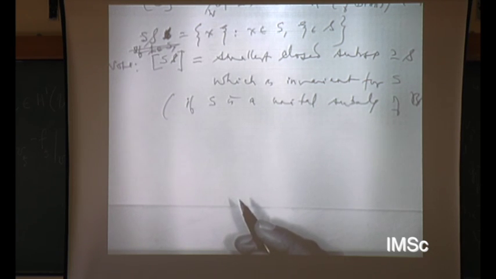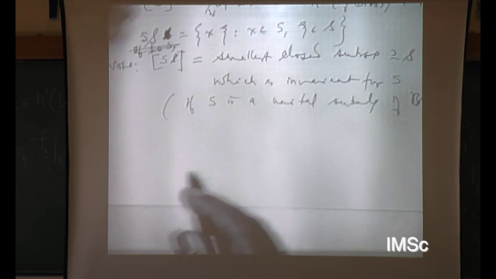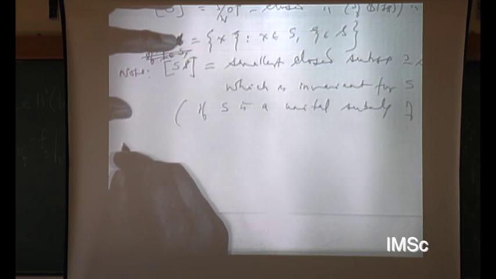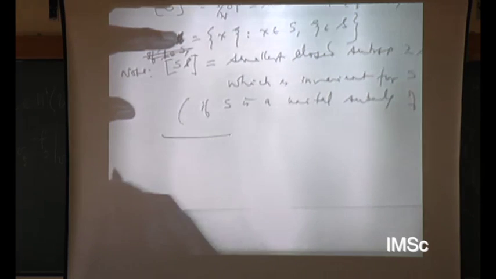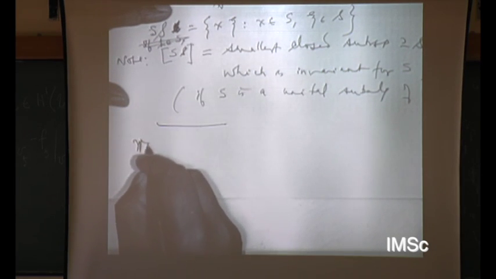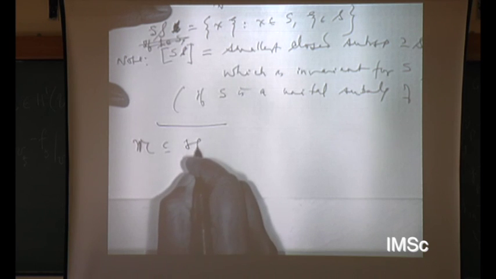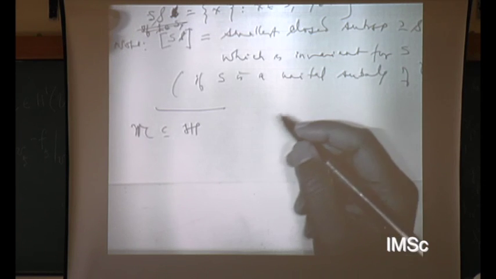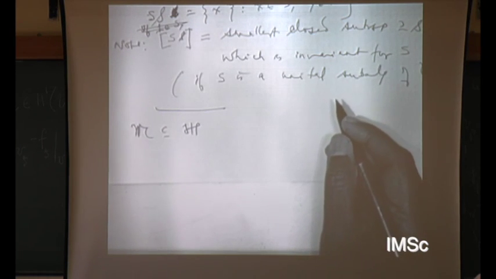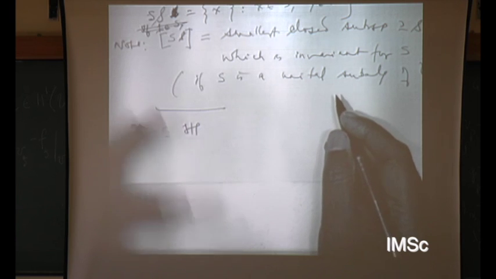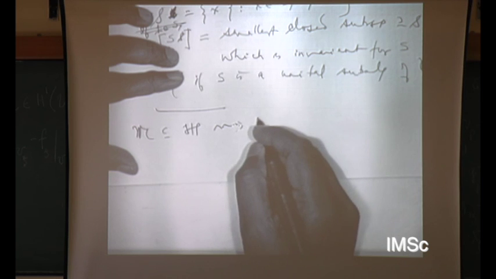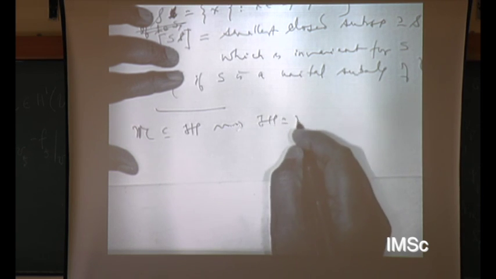Okay, so this is probably a good time to do this little exercise. See, usually if you have a subspace M contained in H, then that immediately gives you an orthogonal decomposition of H as M direct sum M perp.